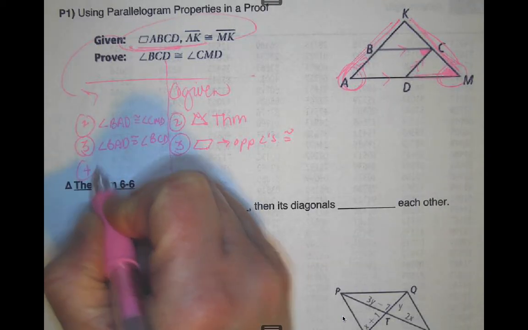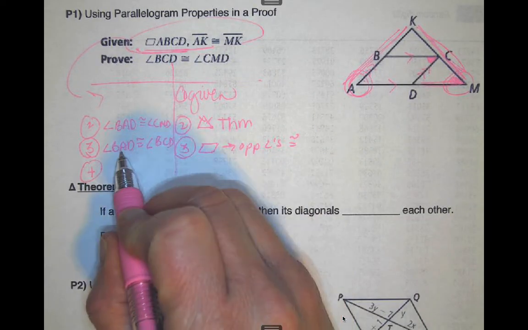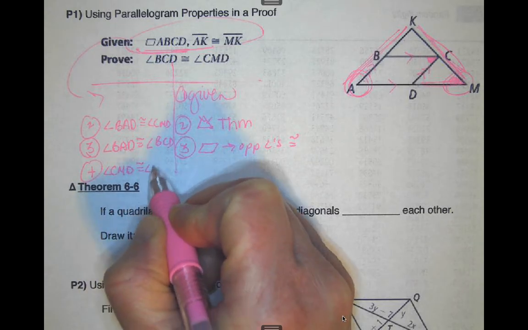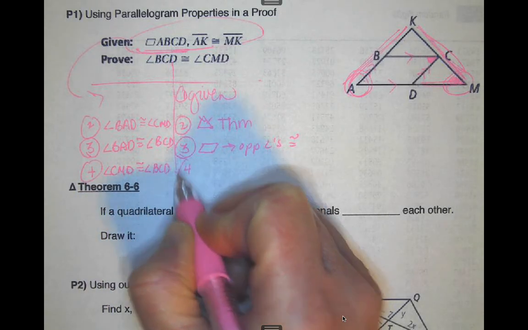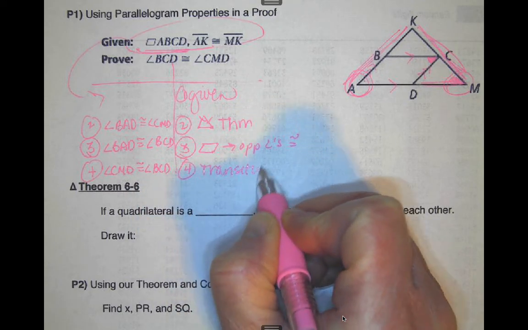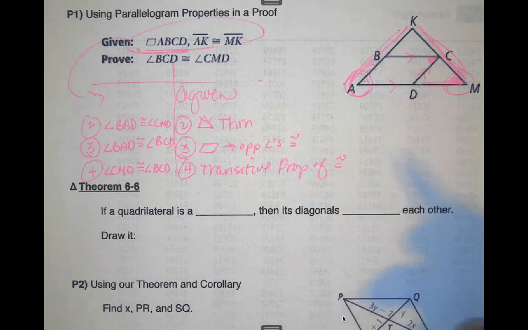And then if I know that BAD is congruent to CMD, but BAD is also congruent to that, I can say this one is congruent to this one, and again, I can use the transitive property of congruence.